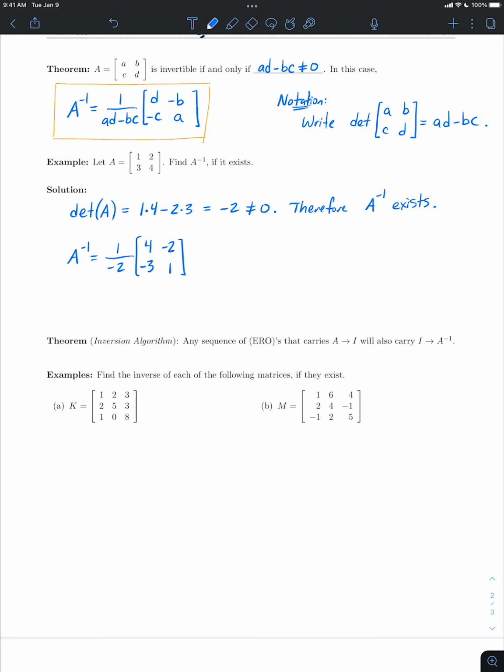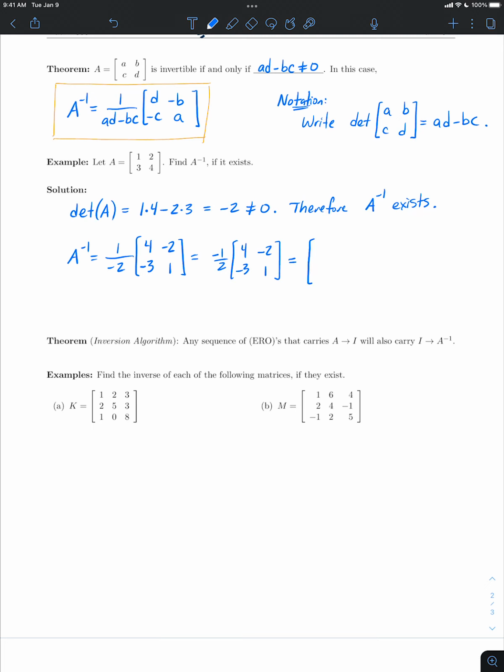If they're already negative, then make them positive. If they're positive, make them negative, and so on. So that is the formula for our inverse. Let's actually multiply the scalar in. This is the same as negative 1/2 times 4, negative 2, negative 3, 1. So let's multiply the scalar, just so we actually have the inverse written as a 2 by 2 matrix.